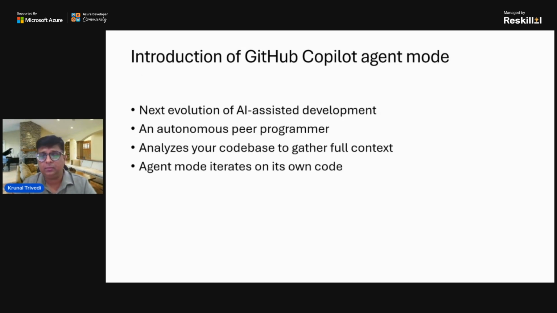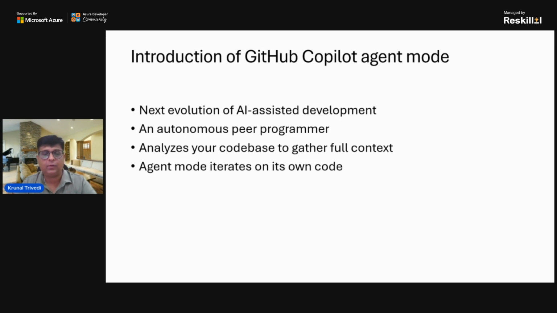So as I mentioned, Copilot agent mode is the next evolution of AI assisted development. It is an autonomous peer programmer capable of performing multi-step coding tasks at your command. It analyzes your code base. It has the context of your code base. It is not generic. It performs the task in the context of your project structure, project domain, right?